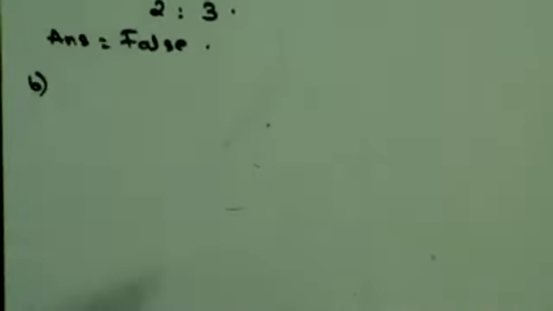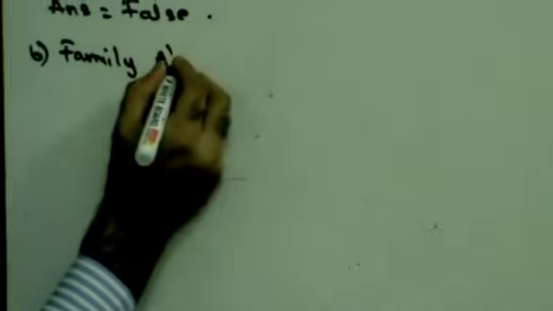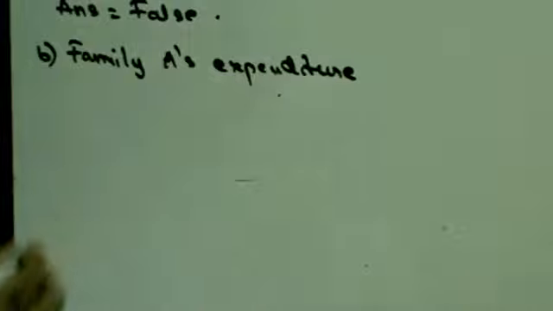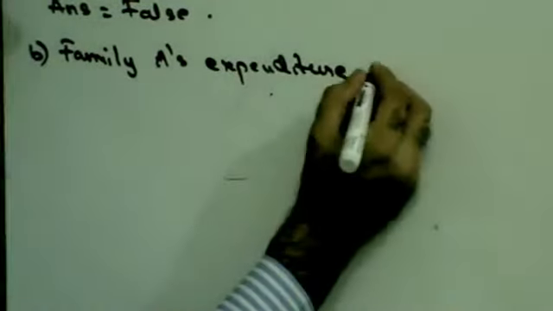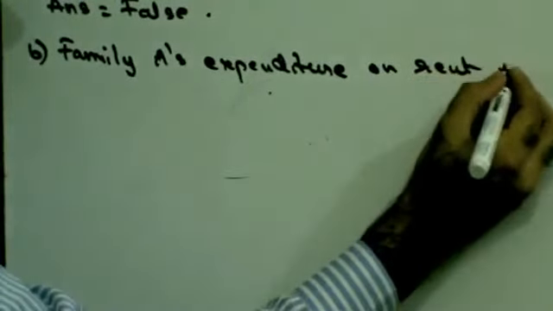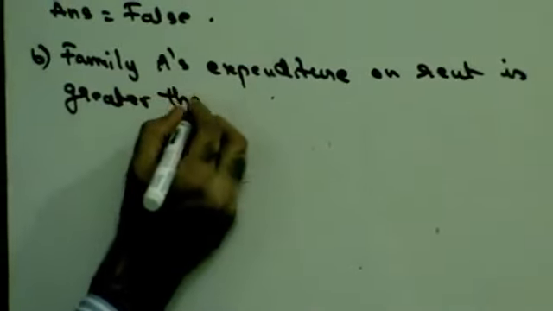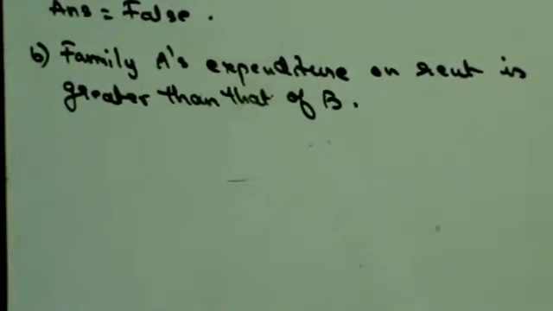Next, second one. Let's see this. Family A's expenditure on rent is greater than that of B. Right?